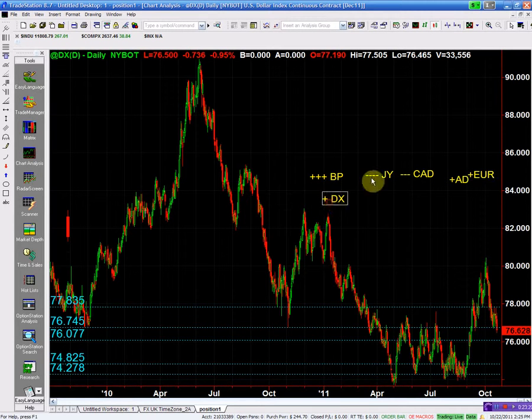We're going to be looking at the dollar yen, the dollar CAD, and of course the dollar Aussie and the dollar Swiss. So basically we're looking at being dollar buyers and pound buyers and sellers of the others. The weakest is the Canadian, followed by the yen, and then the Australian and the euro.